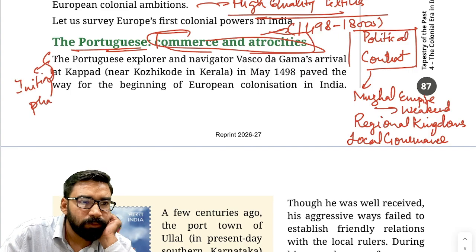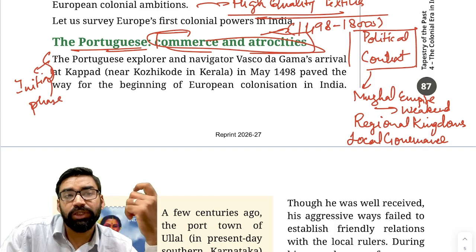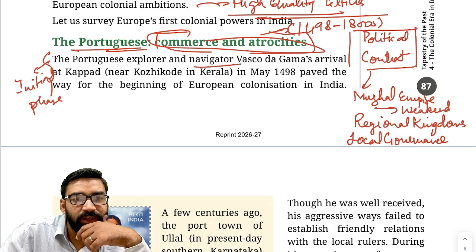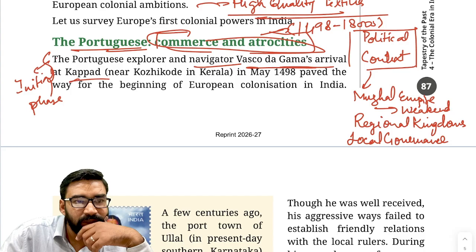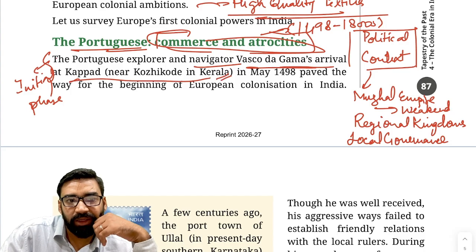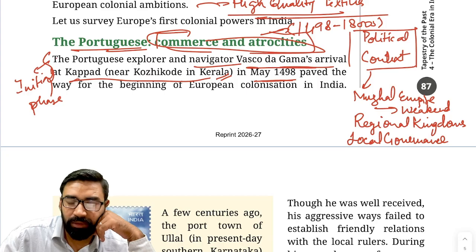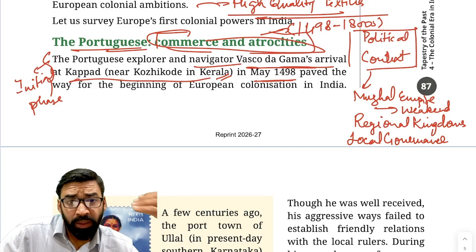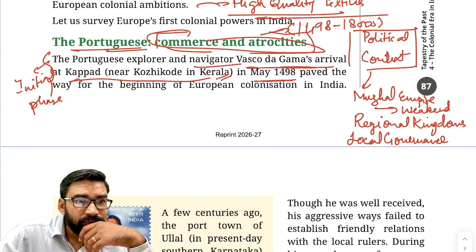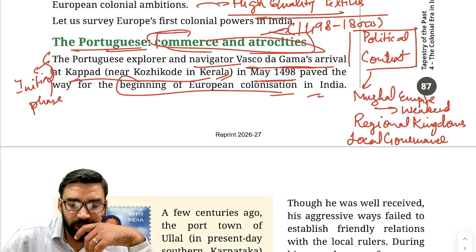Now, the Portuguese explorer and navigator Vasco da Gama arrived near Kozhikode in Kerala in May 1498. The arrival of Vasco da Gama in 1498 paved the way for the beginning of European colonization in India.